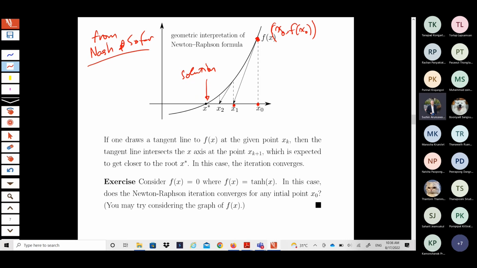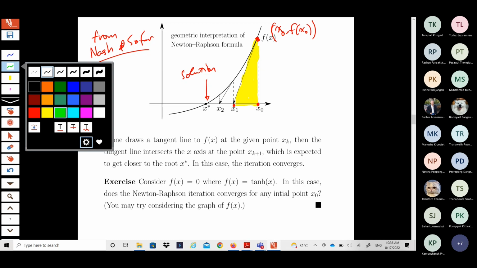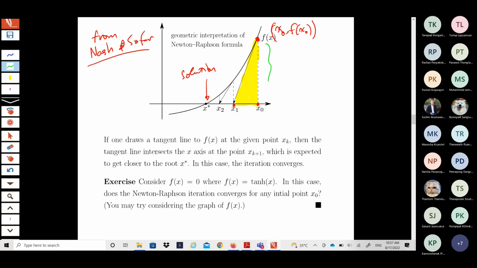Then we consider the triangle, this yellow triangle. This height is equal to f(x naught), right?